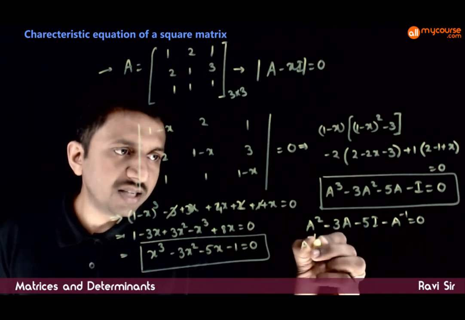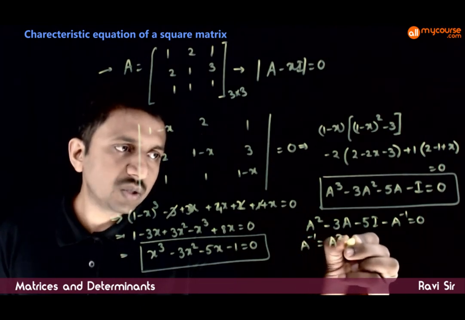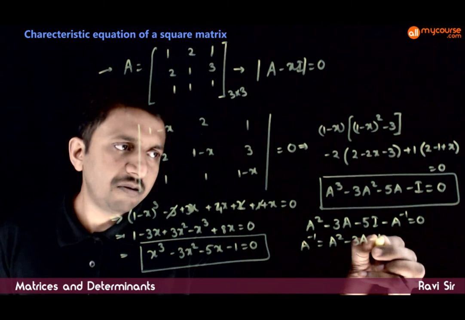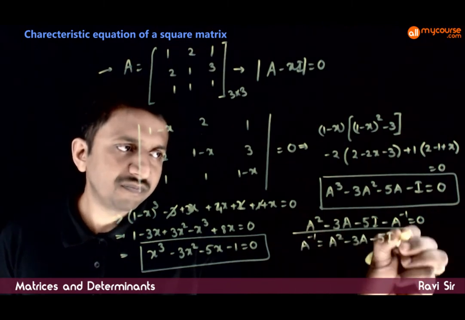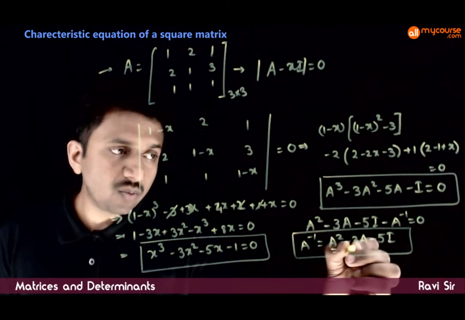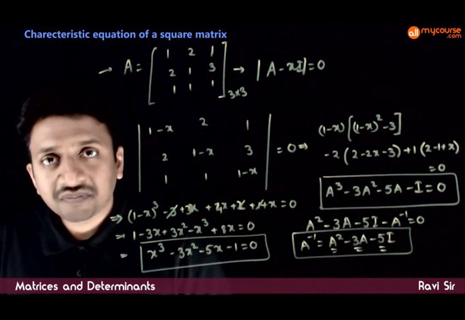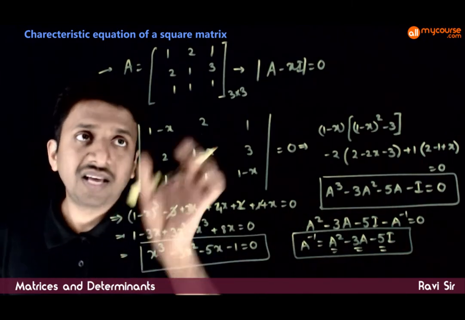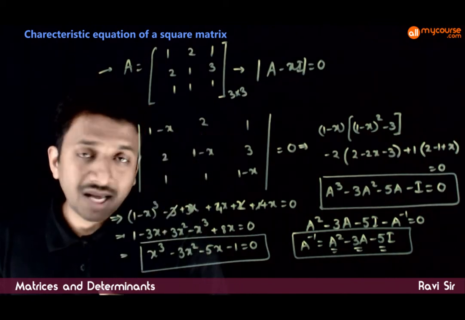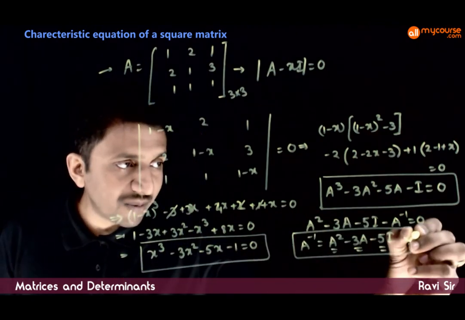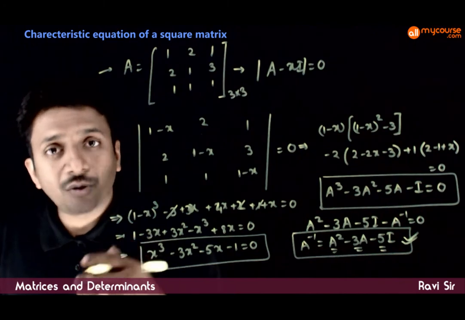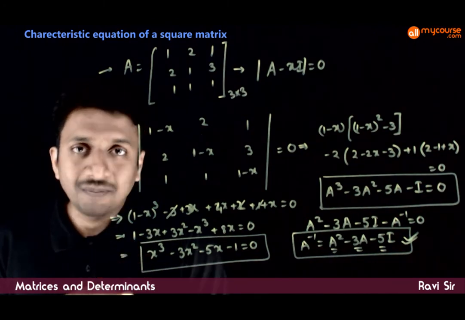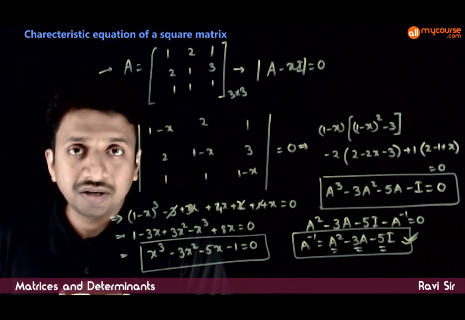So A inverse can be written as A square minus 3A minus 5I. If you find A square minus 3A minus 5I, you will directly get the inverse of this matrix. I urge you to find the inverse by this method and also by the cofactors method and compare if they are equal or not.